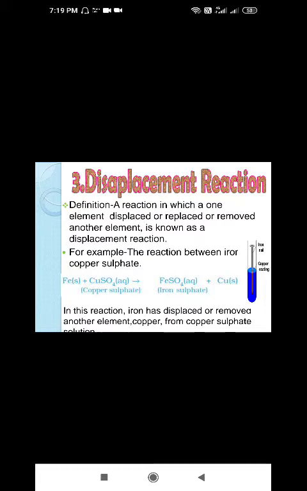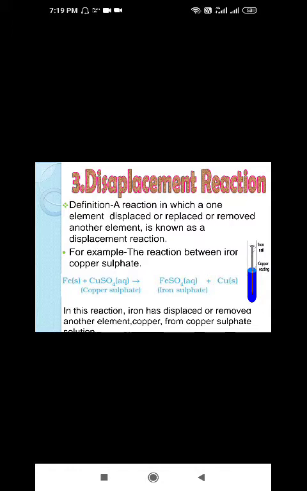The example given here, I already gave in the first session when explaining the indications of a chemical reaction. At that time we had the indication of change in color, and I told you this example of copper sulfate solution.